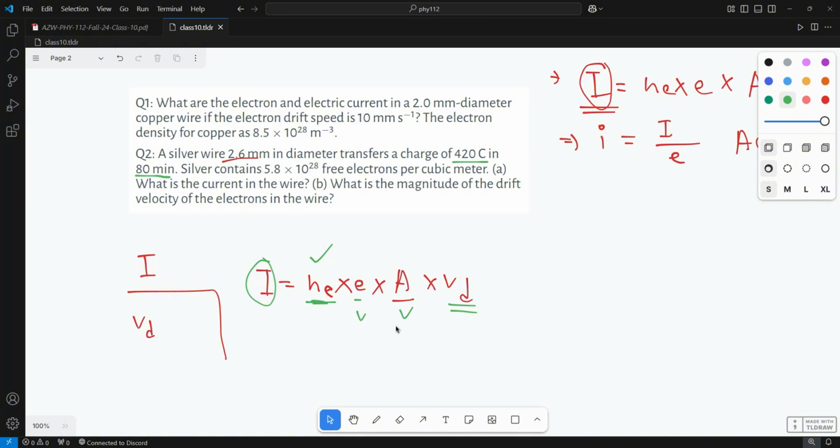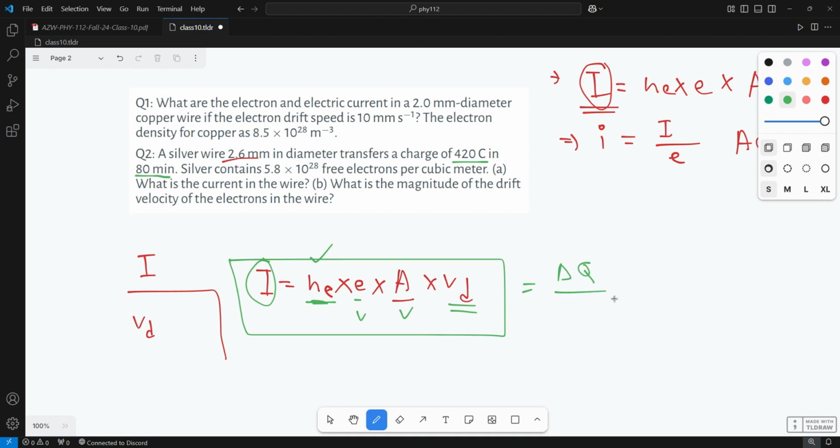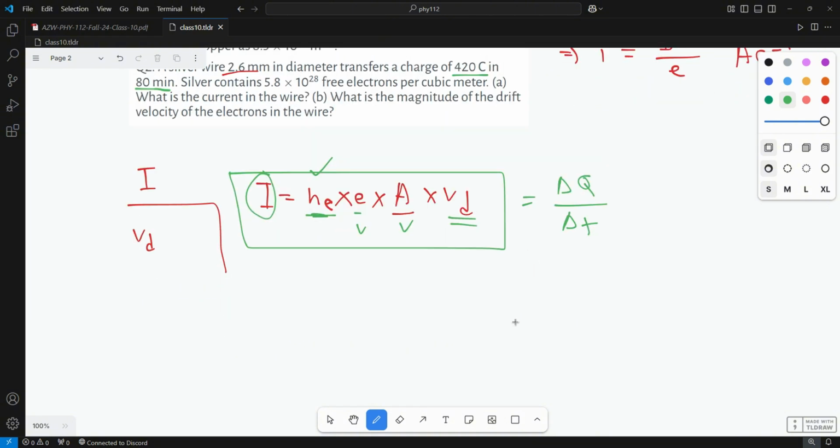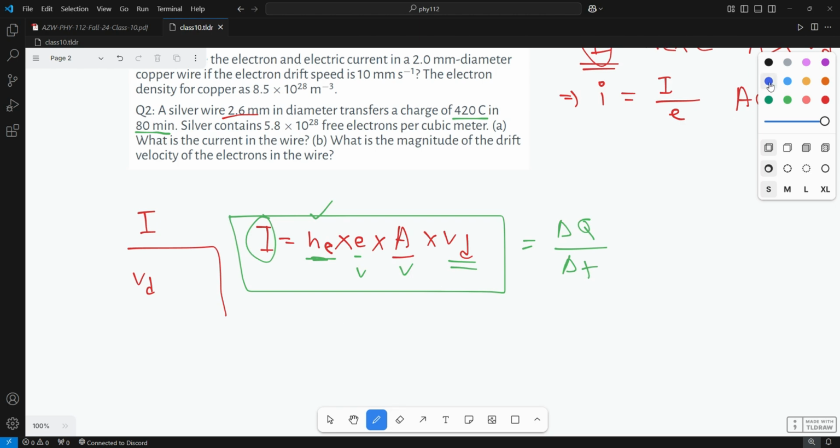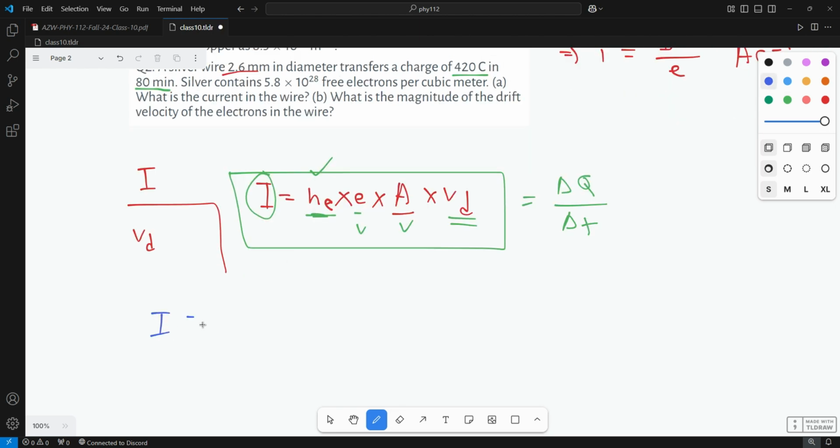Alright, so we also know that I is equal to delta Q by delta T, right? So we can establish a relationship between these two equations. In A, where it asks for the current, we can write that I is equal to delta Q by delta T, delta Q being 420 coulomb and delta T being 80 minutes.